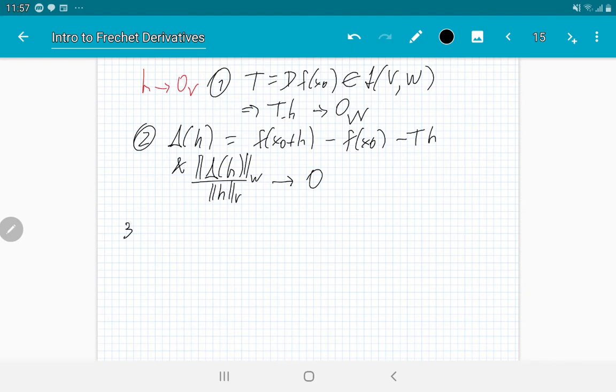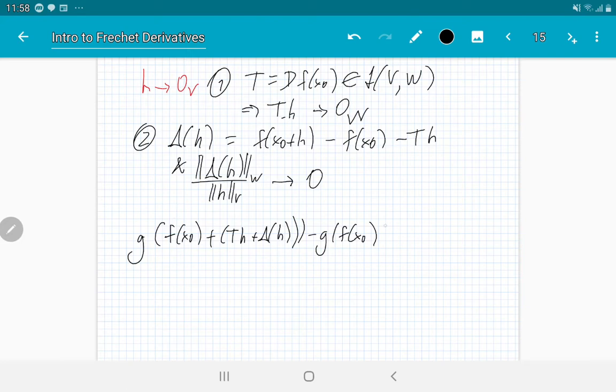So notice that since g is Fréchet differentiable, I have the following. Let me point this out now. I have g of f of x0 plus T h plus delta h minus g of f of x0.